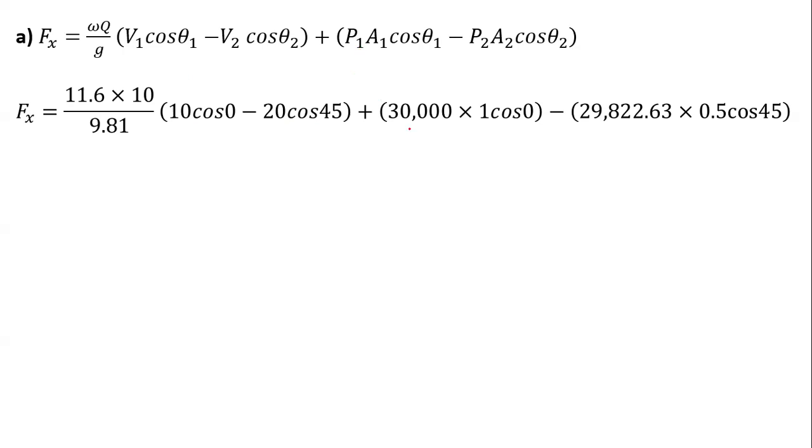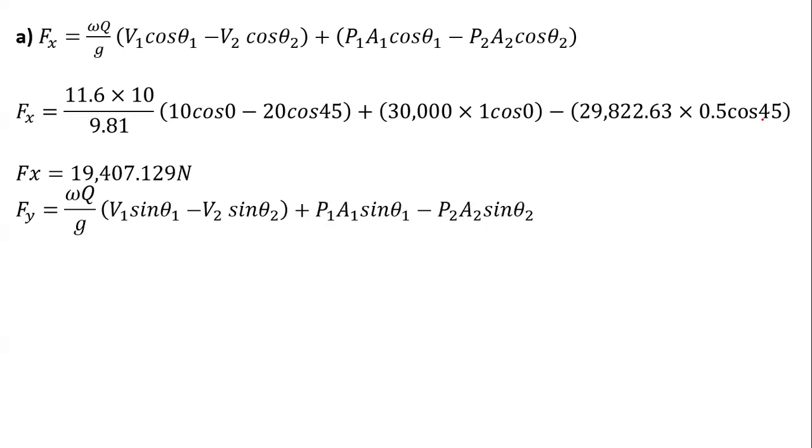Pressure 1 is 30,000, area 1 is 1, theta 1 we said is 0, minus pressure 2 we found to be 29,822.63 times area 2, which is 0.5, then cos theta 2 is 45. Once you've done that, our F in the X is 19,407.129 newtons.